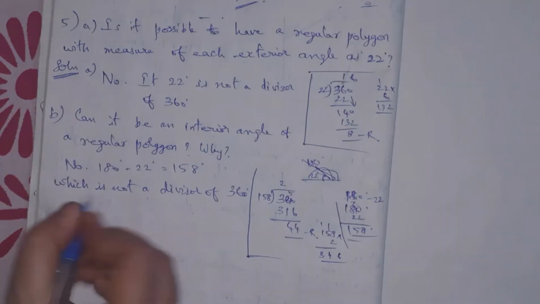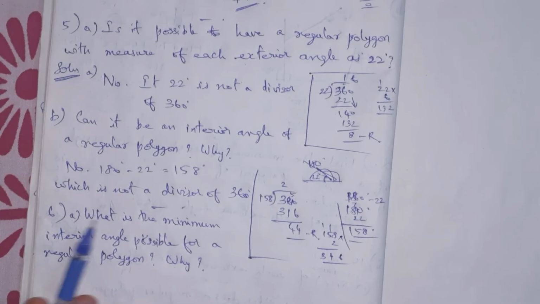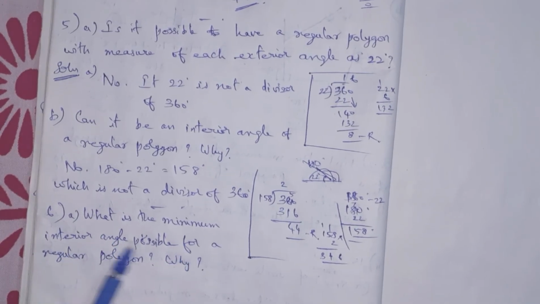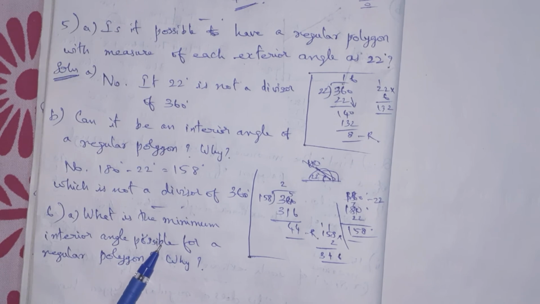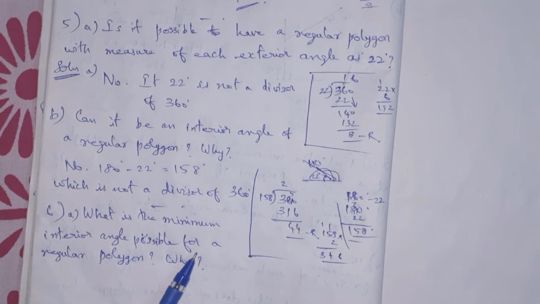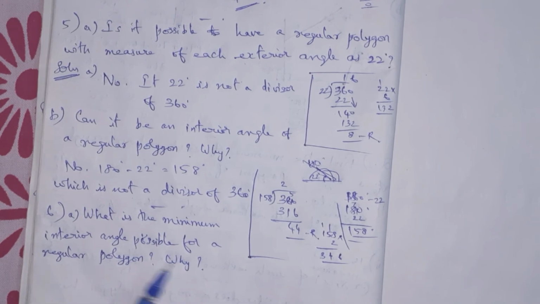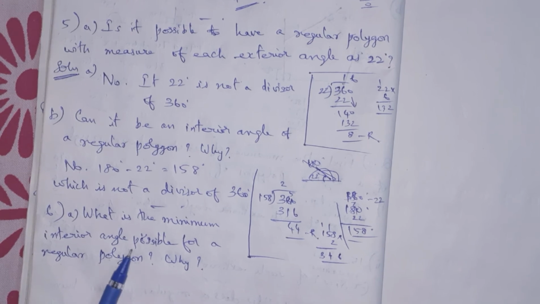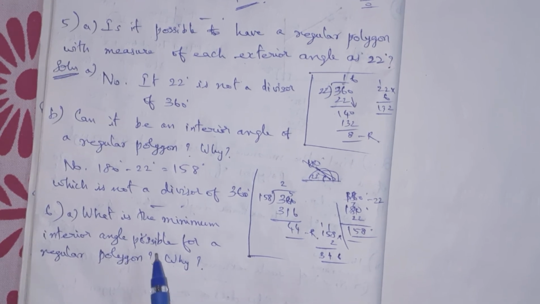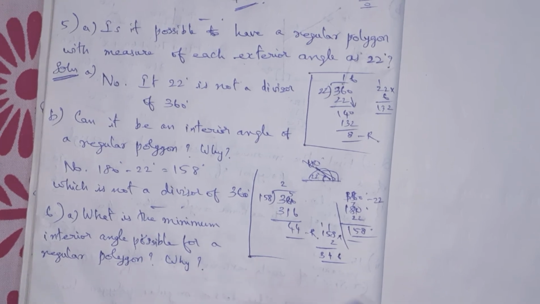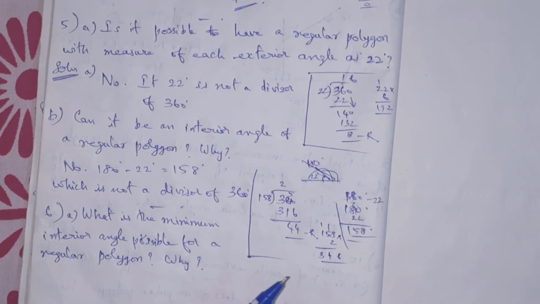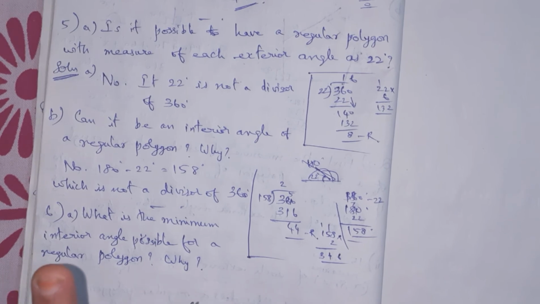Sixth sum, A sum. What is the minimum interior angle possible for a regular polygon? Why? The minimum interior angle comes from the triangle, which has 3 sides.